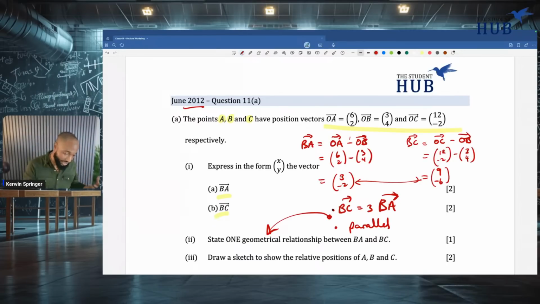Yes, they are collinear because they share the common point. Once they are parallel and share a common point, they are also collinear, which we explained earlier for those of you who just jumped in.